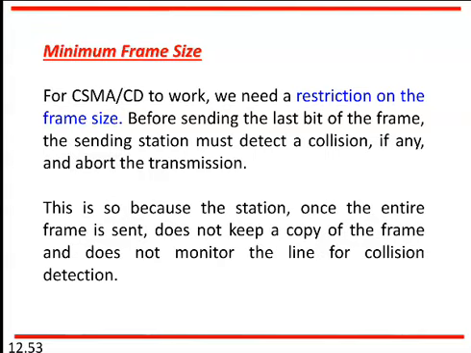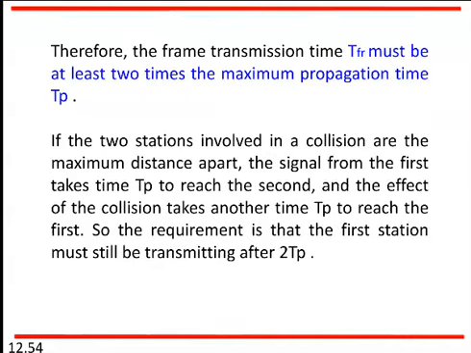That is why, before the last bit of the frame is sent, the sending station must detect a collision and the transmission should be aborted. So there is a restriction on the minimum frame size. In CSMA/CD, the frame transmission time must be 2 times the maximum propagation time, because TP is the time it takes for the signal to reach the destination, and once the collision takes place, it takes TP time to reach back to the first station to inform it or abort the transmission.